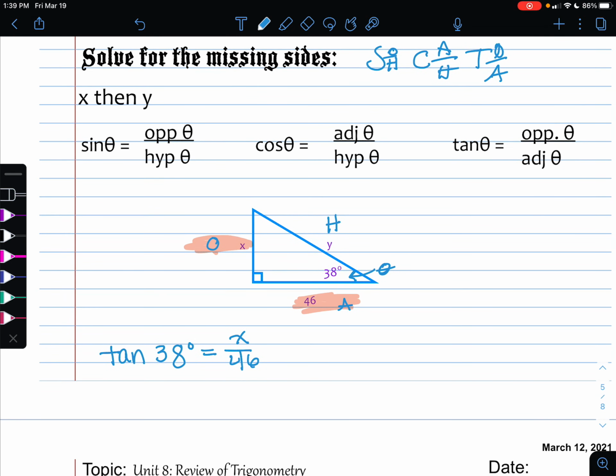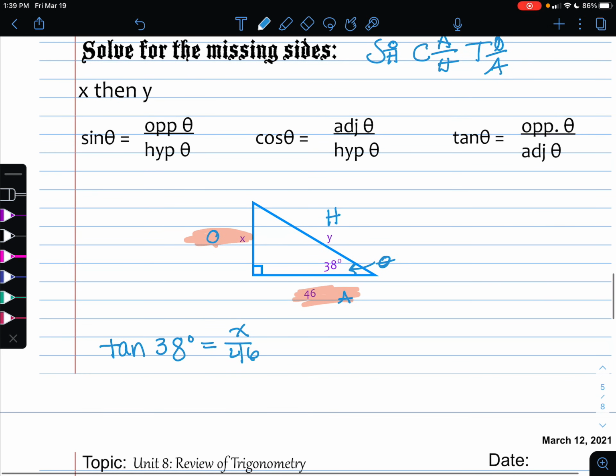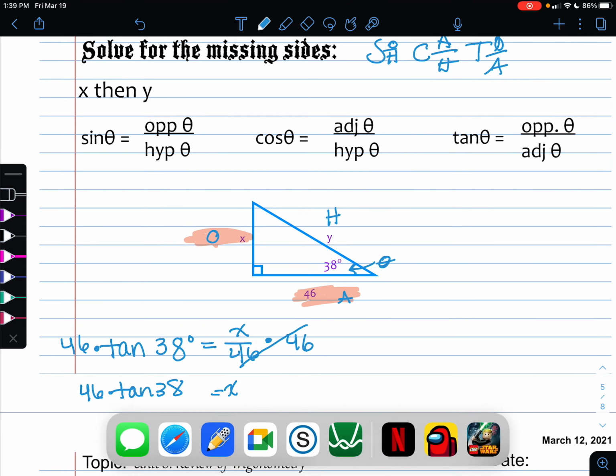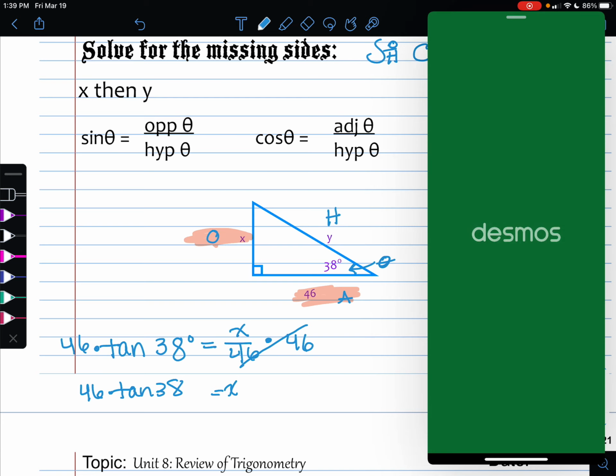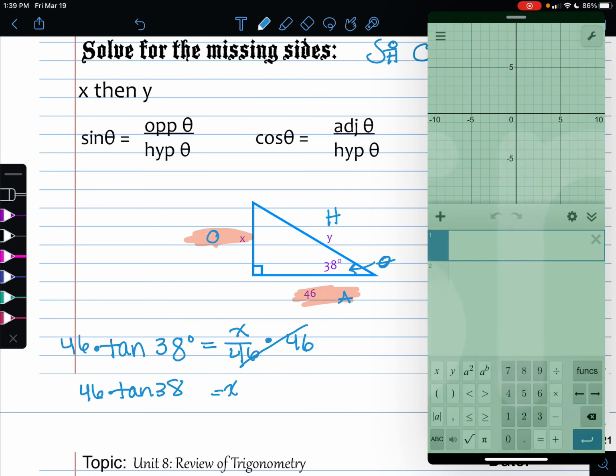Okay, so I want to solve for x. To get x by itself, I'm going to multiply both sides by 46. So x equals 46 times tangent 38. So bring up your calculator, and I'm going to type this in.